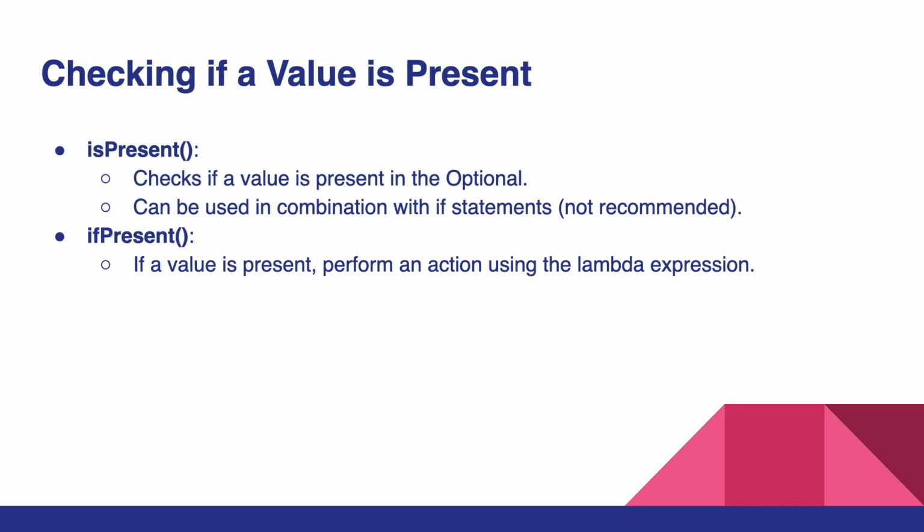If it does, it returns true. The ifPresent method is a more functional approach. It allows you to pass a lambda function to operate on the value if it exists.